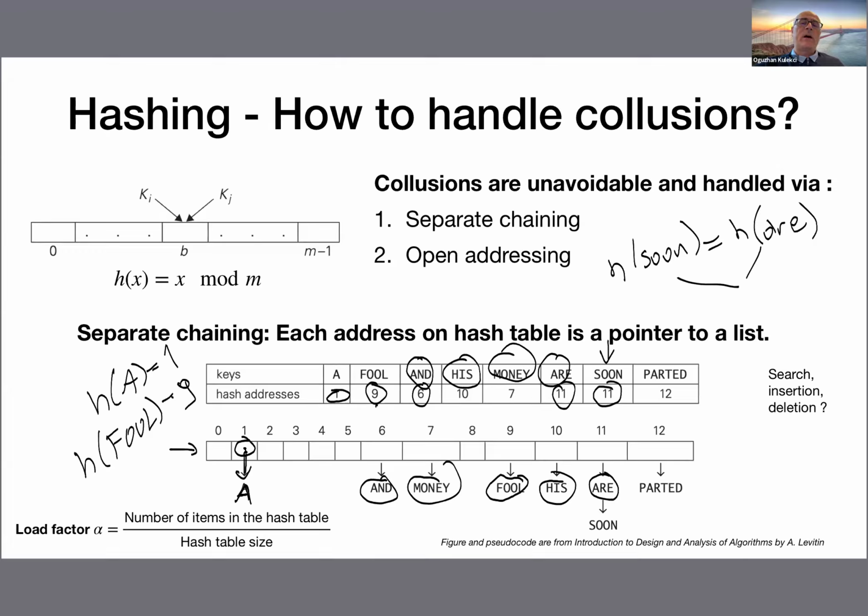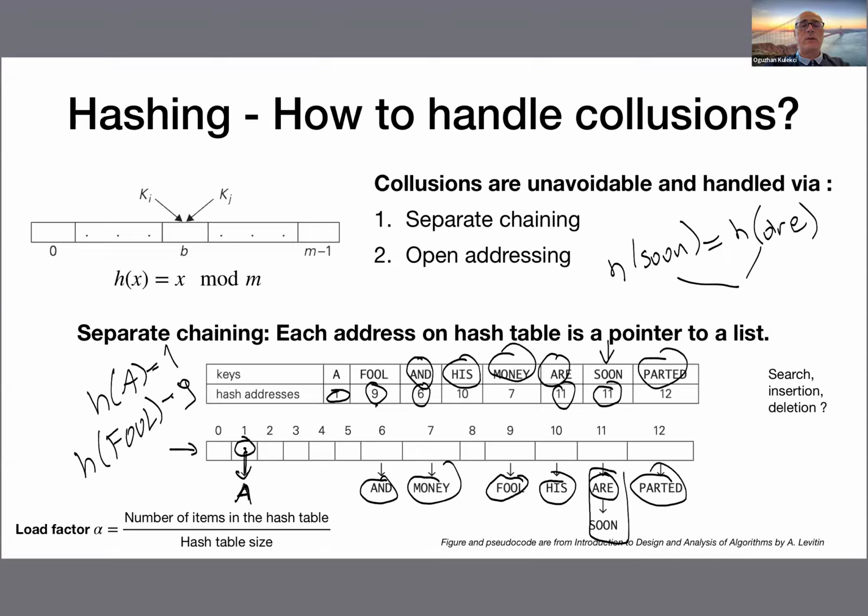I will just copy soon to the end of this list. Now the list at array position 11 has 2 elements. And for the last one, there is no problem. You just copy parted to its corresponding position.